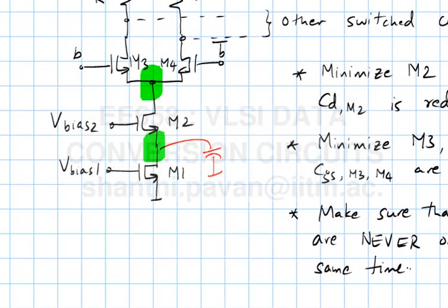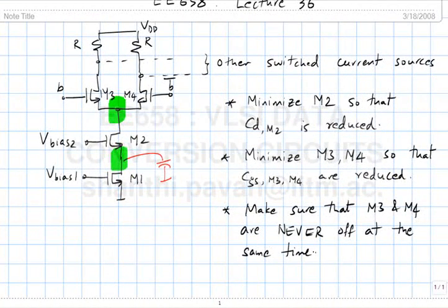We saw what bad things can happen when both M3 and M4 are off at the same time. In that case, this poor current source will try to pull current out of that node, which basically means that all the charge that is there on the parasitic capacitance keeps going down, and suddenly when one of them comes on, all that parasitic capacitance will discharge back into that node, causing a large glitch.